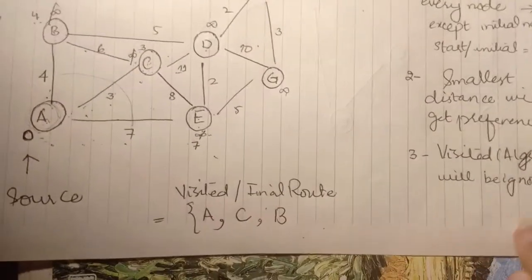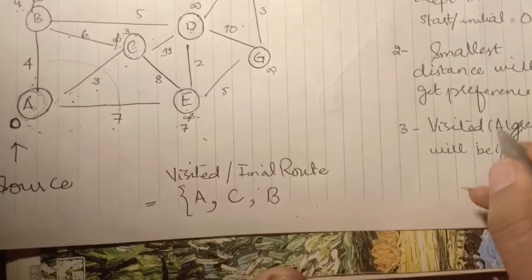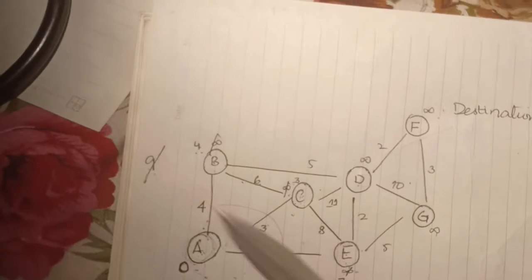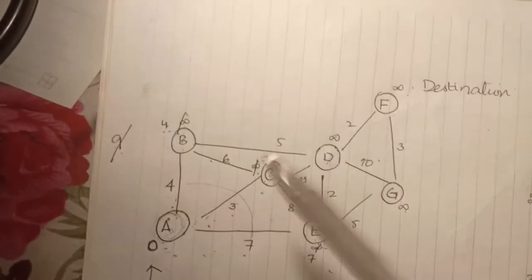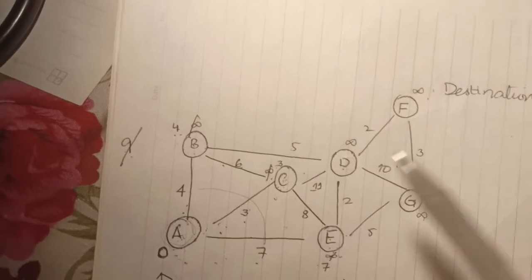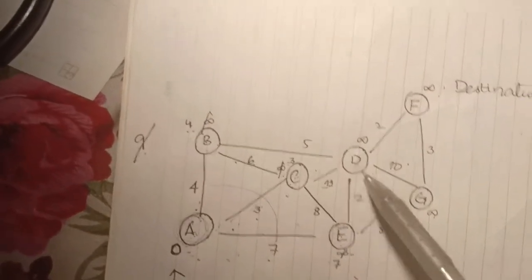So we ignore these nodes and move forward. From B to A is already visited, from B to C is already visited, from B to D is a new node, so you can go to D.